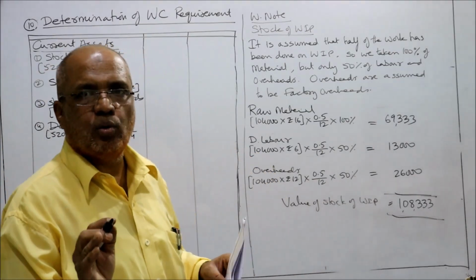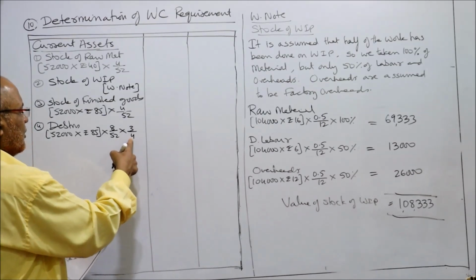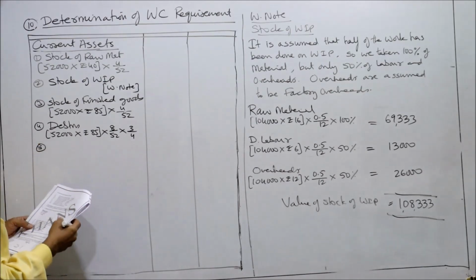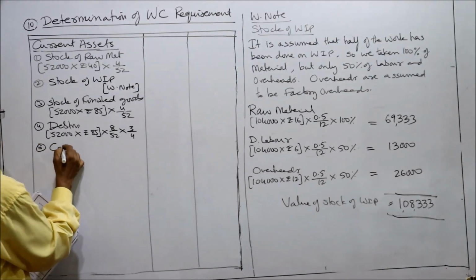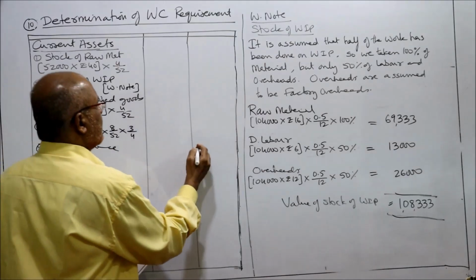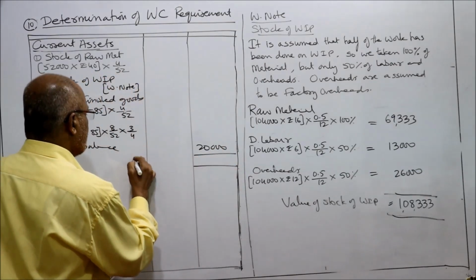So 3/4 of the goods are sold on credit. That's why I'm multiplying by 3 by 4. 2 months, 8 by 52. Then fifth, after debtors, it is cash balance. Cash balance is given in the problem as 20,000.